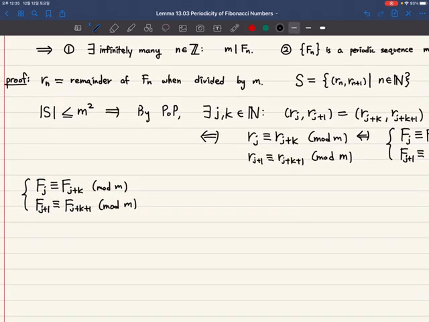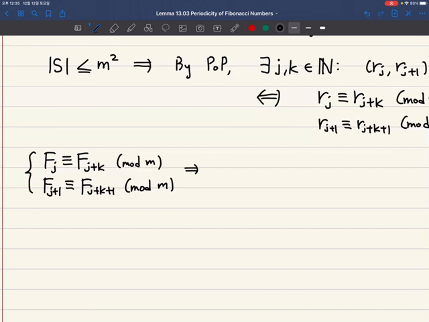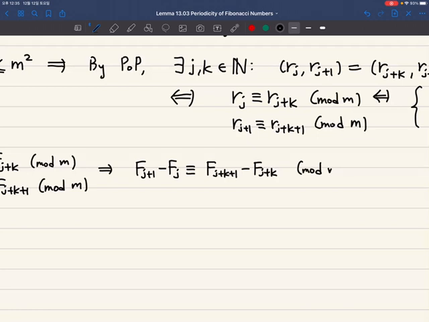This allows us to say that fj plus 1 minus fj is congruent to fj plus k plus 1 minus fj plus k. But what do we know? This is actually fj minus 1, and this is actually fj plus k minus 1. So we can go down and up every time.